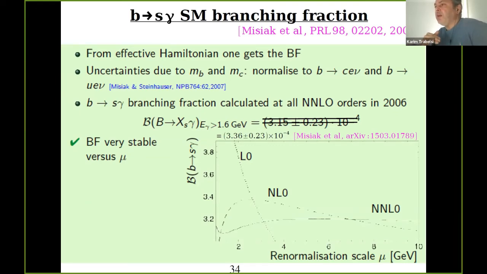And then the branching fraction becomes a stable, reliable and precise prediction, and you get a golden observable, predicted at, let's say, almost 5% accuracy.